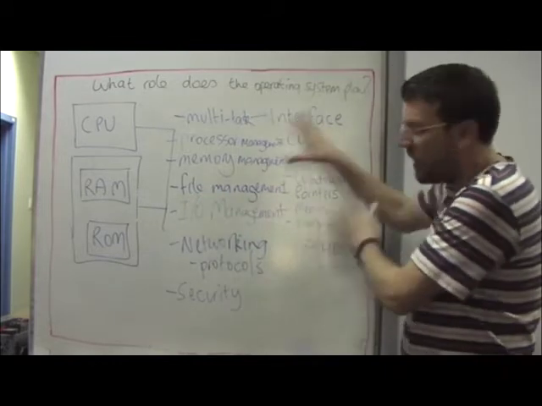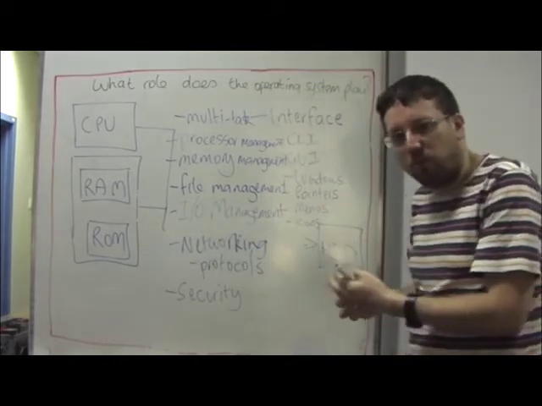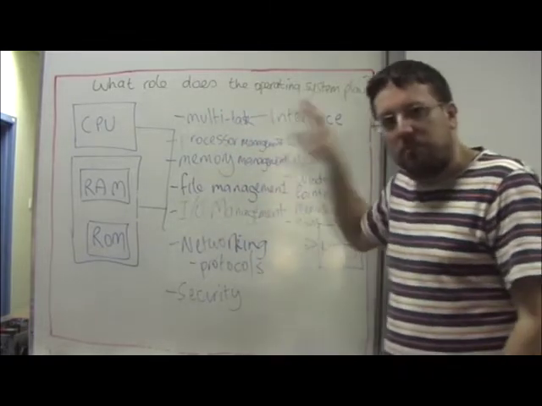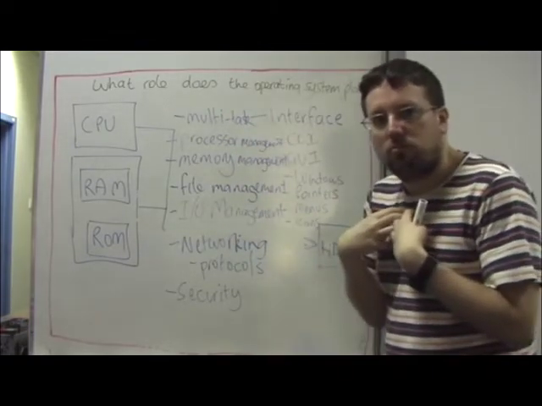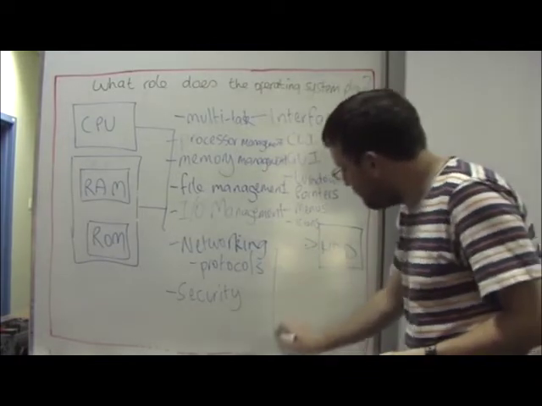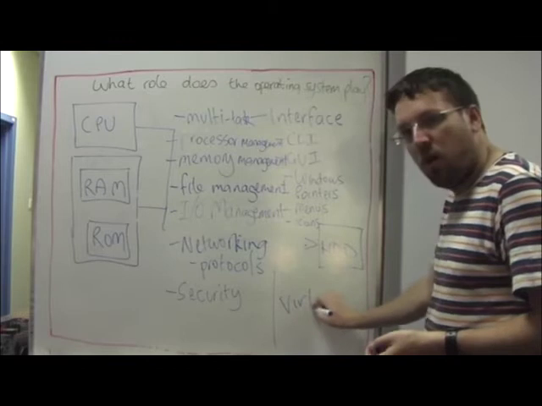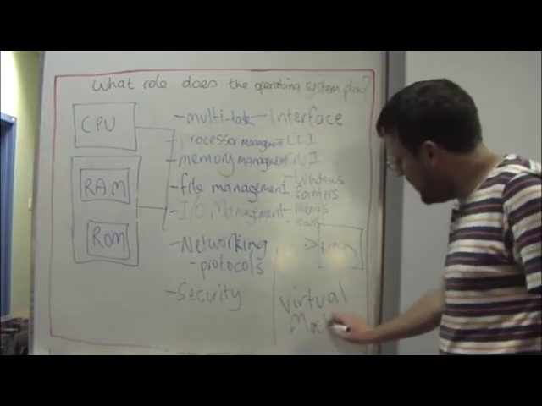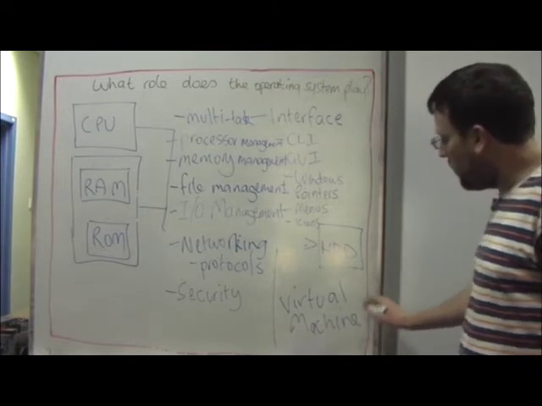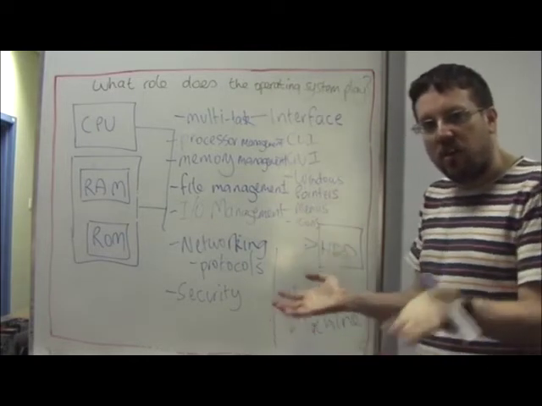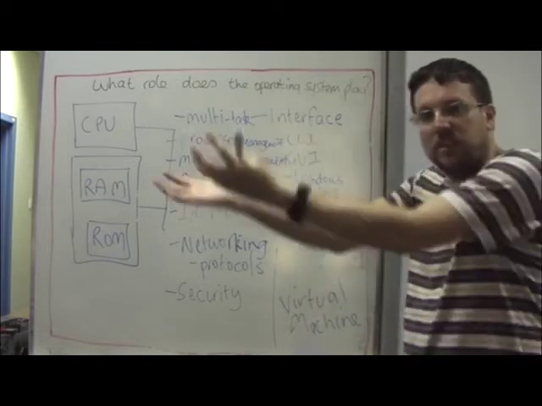But it's doing complicated things and making them look simple for us. So what we talk about is the fact that the operating system is acting as a virtual machine. The idea of a virtual machine is that the operating system is taking complex processes and allowing us to do them, but really simply.